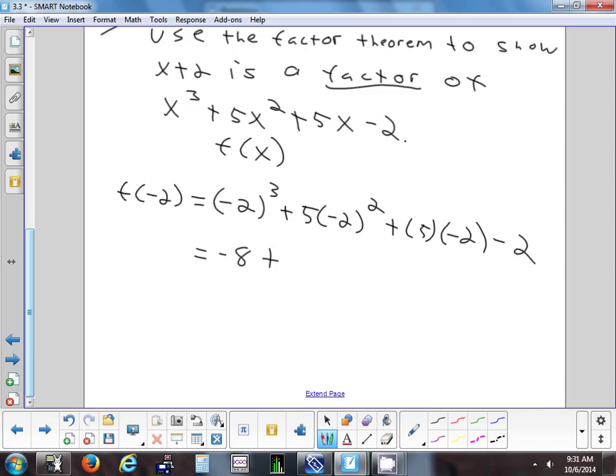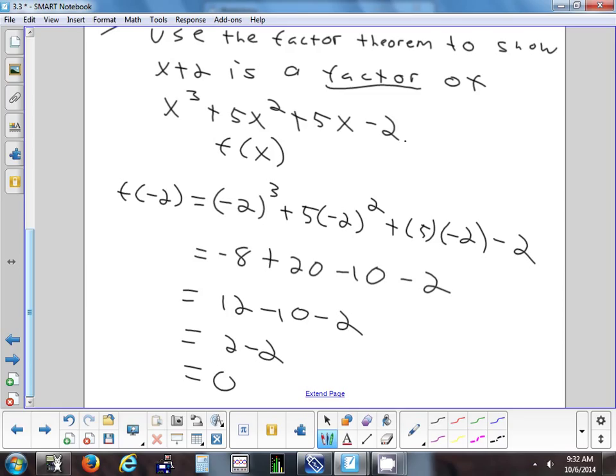Negative 2 squared is 4 times 5 is 20. 5 times negative 2 is negative 10 minus 2. Negative 8 plus 20 is 12. And then 12 take away 10 is 2. And 2 take away 2 is 0. So, if we divide that polynomial by x plus 2, we get remainder 0, which means it's a factor.